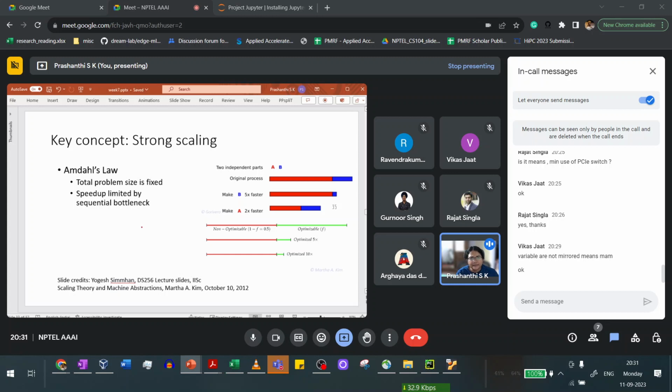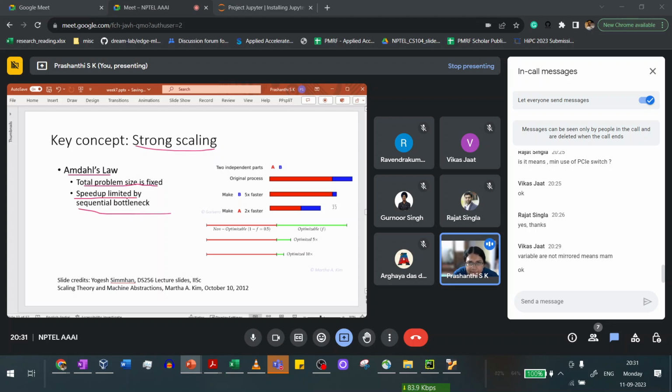This is another key concept with respect to systems, and it's useful even beyond this course, so it's good for you to know. Strong scaling is the first variant of scaling, and this is also referred to as Amdahl's law. Here your total problem size is fixed and the speedup you can get is limited by the sequential bottleneck.